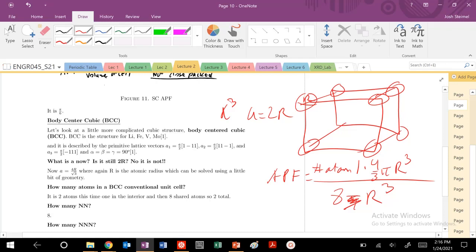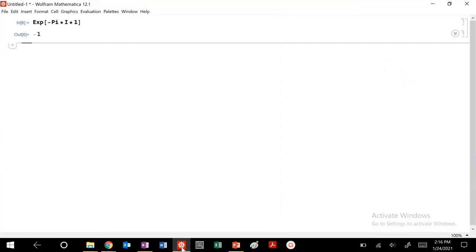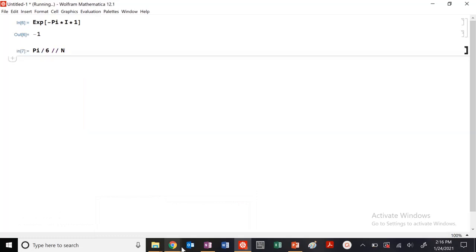When we work with this, let's get these to cancel out here. So it's 4/24, which is going to be 1/6. So our APF is equal to pi over 6. If we evaluate that in Mathematica real quickly, pi divided by 6 numerically is not 0.74.